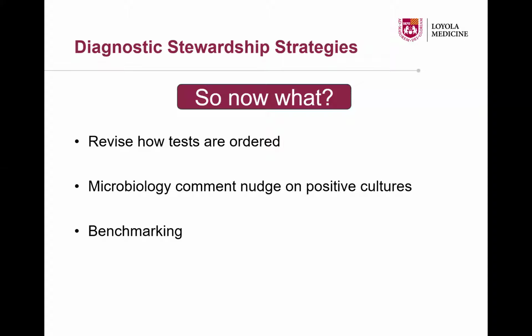And so if we miss a patient getting a urine culture order in the first place, even though they have symptoms, what can we do to potentially still guide those providers towards maybe de-escalating or stopping antibiotics? And then the last piece of it, this is harder to implement on a local level, but we'll talk about Michigan's public health efforts in terms of benchmarking across institutions specifically for urinary tract infections and asymptomatic bacteriuria.